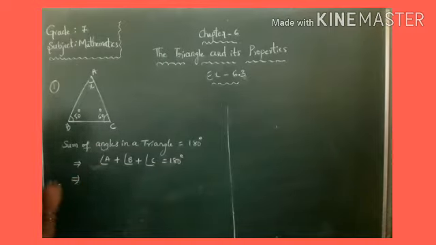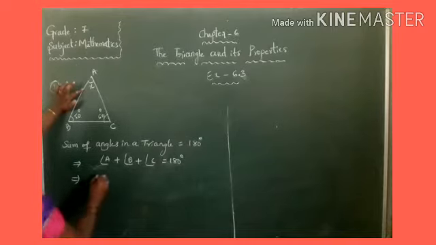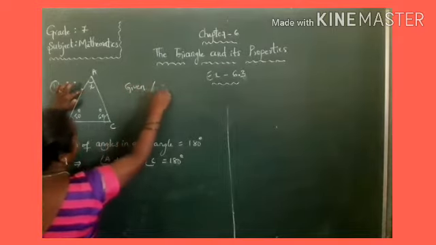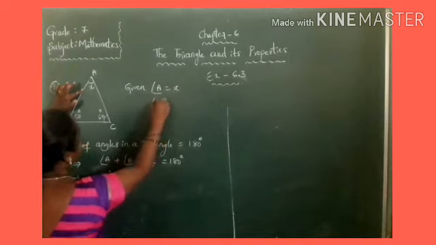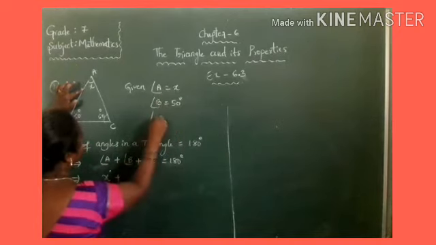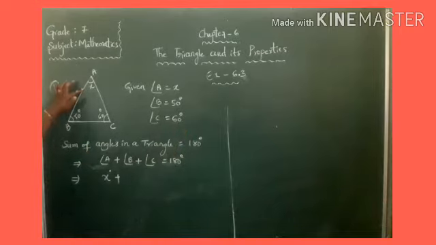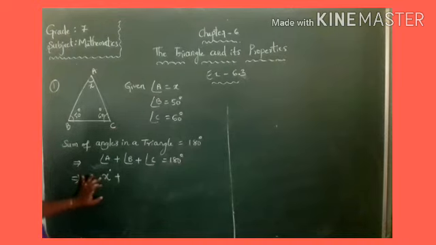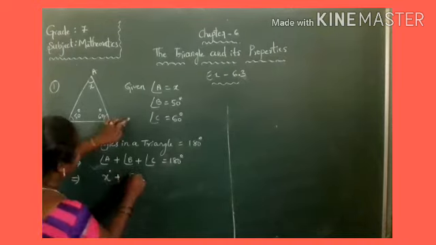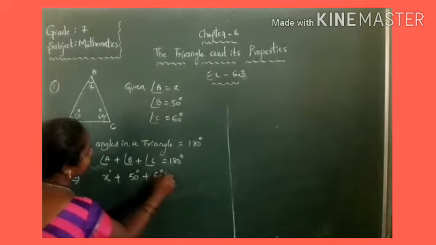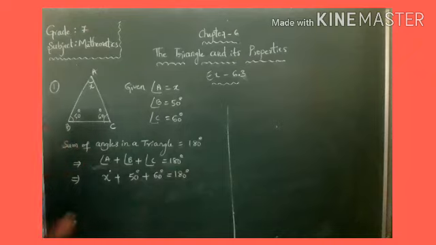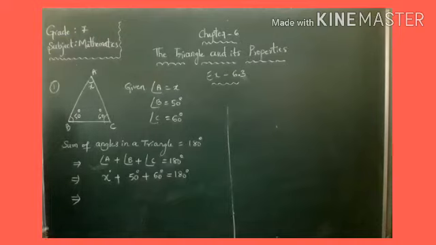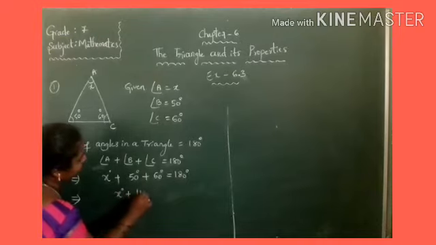Given angle A is x degrees, angle B is equal to 50 degrees, angle C is equal to 60 degrees. Substitute these values here. So x degrees plus 50 degrees plus 60 degrees is equal to 180 degrees. Here 50 degrees plus 60 degrees, total 110 degrees.